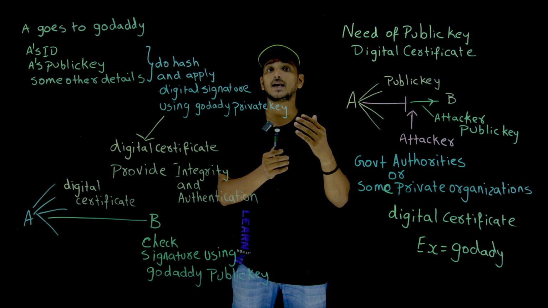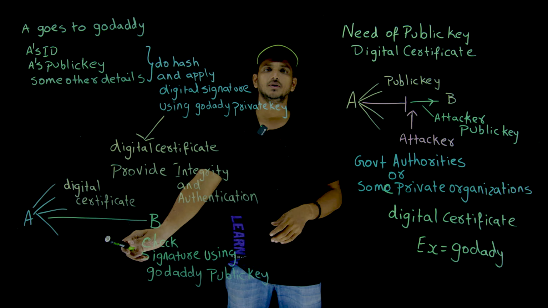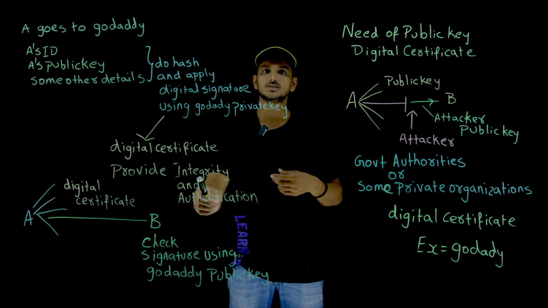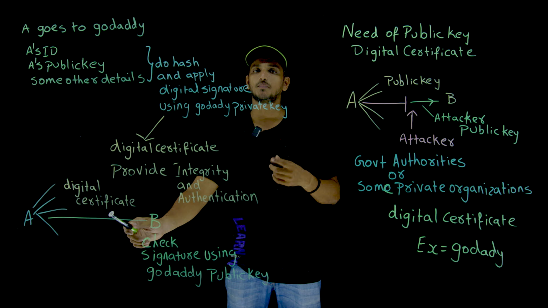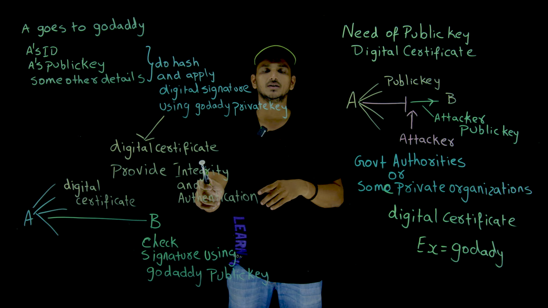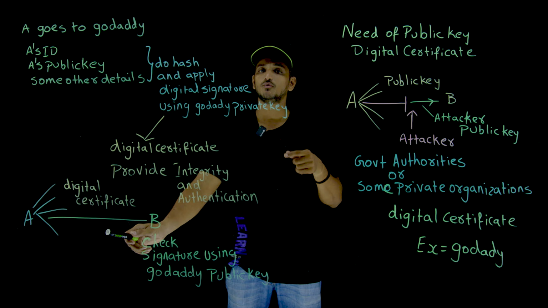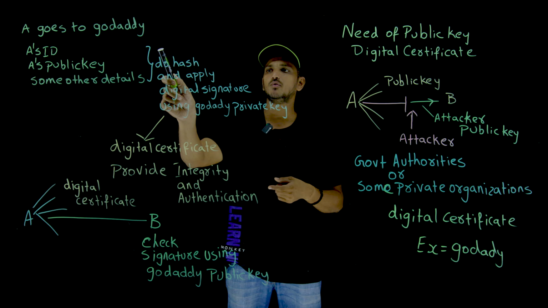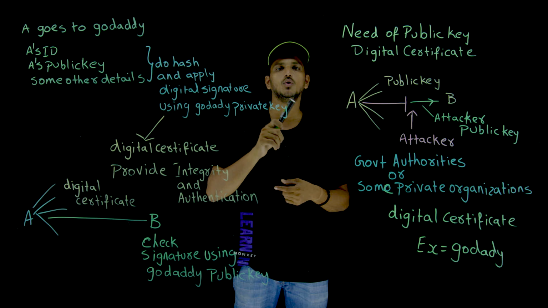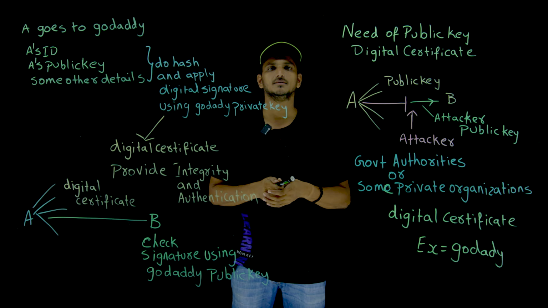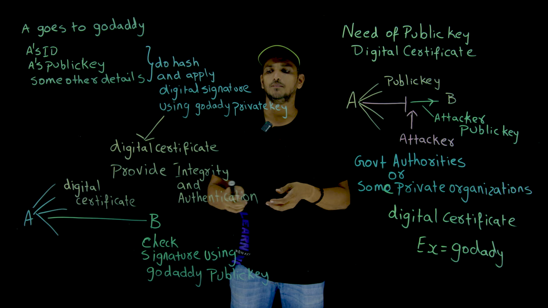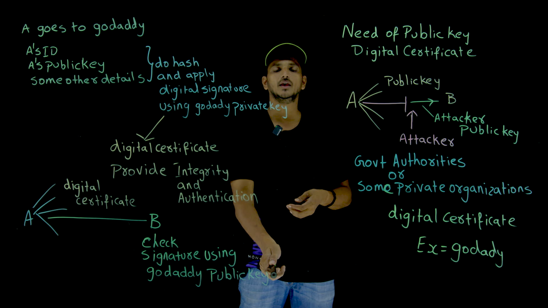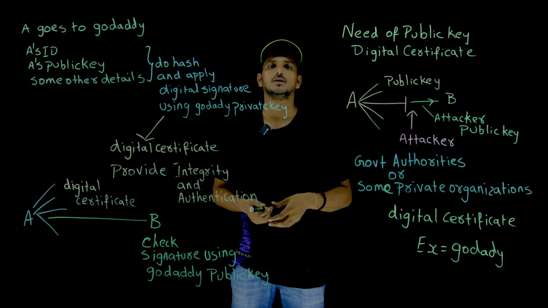Now if an attacker is there in the middle, he has to create the same digital certificate using the details of A and the public key. It's not possible, because a digital certificate can be created only using the private key provided by GoDaddy, which is not available to him. B is going to verify the signature using GoDaddy's public key. These public keys are available in the browser.